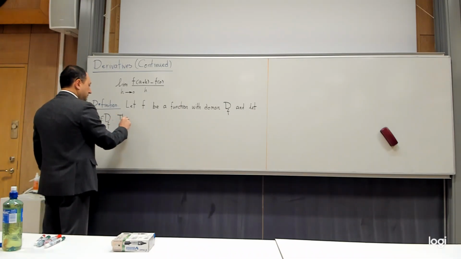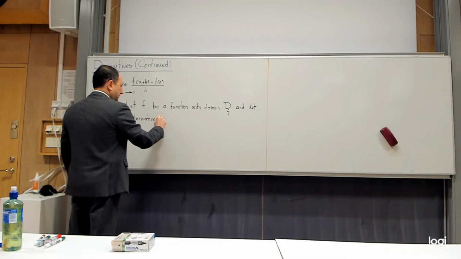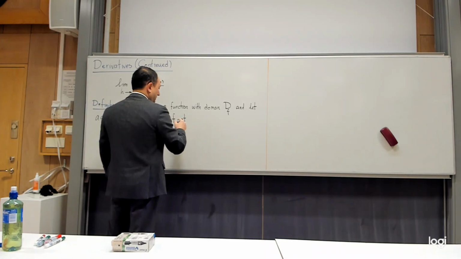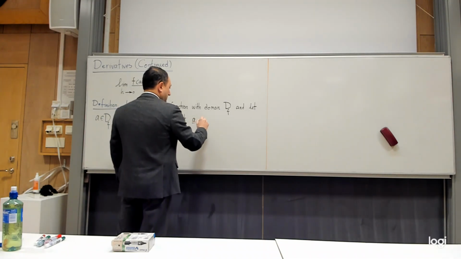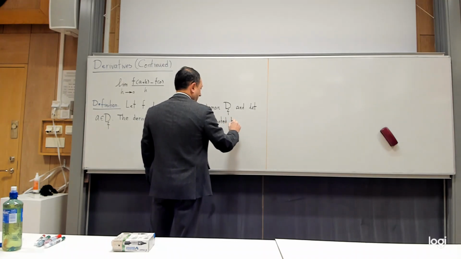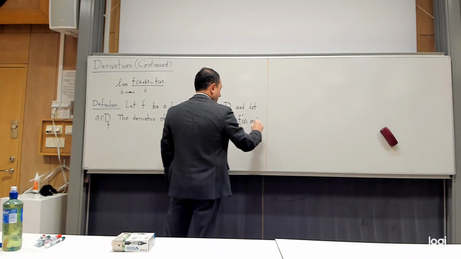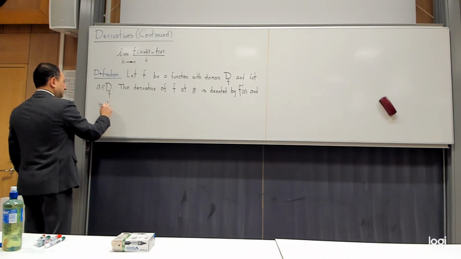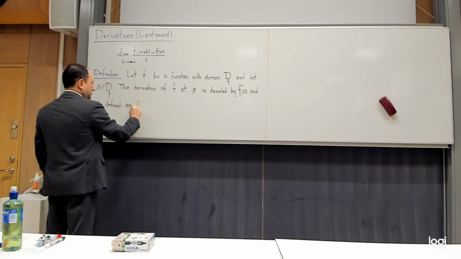The derivative of f at a, so some people write at x equals a, but you can write the derivative of f at a, is denoted by f prime of a, and it is defined as follows.